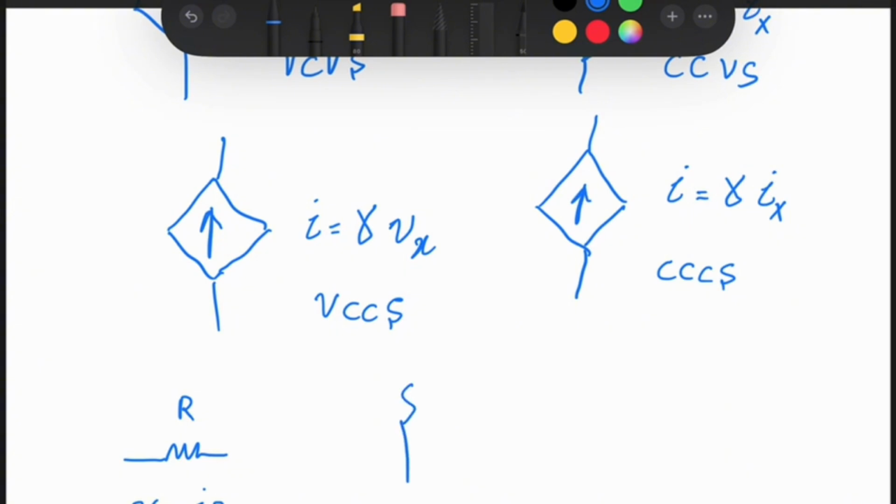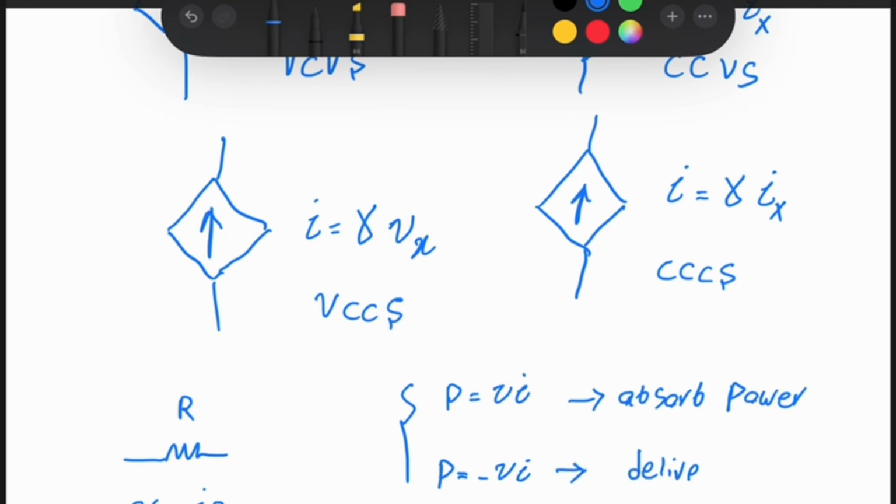We are saying that if current enters the positive terminal, then the element absorbs power, and if current enters the negative terminal, the element delivers power. This is crucial when calculating the power in a real circuit.